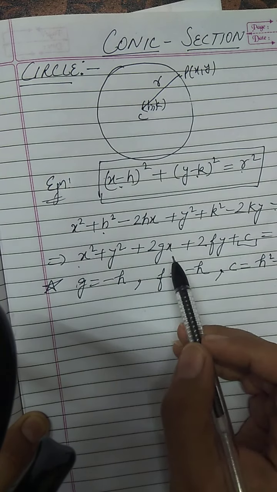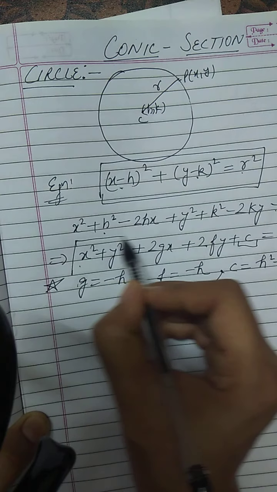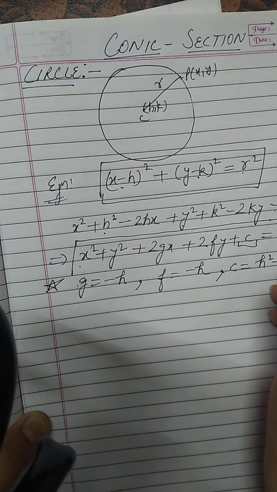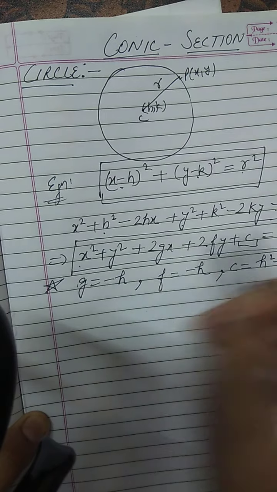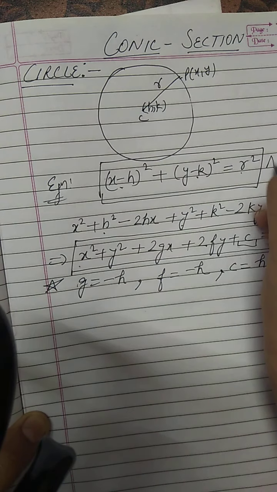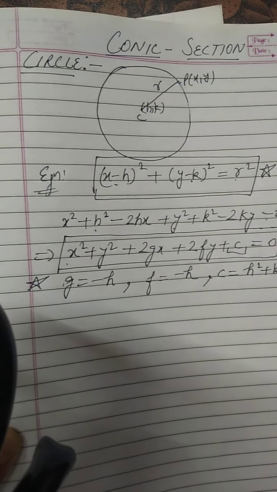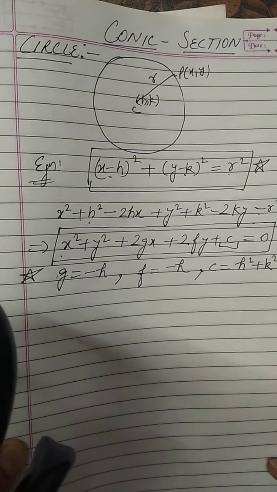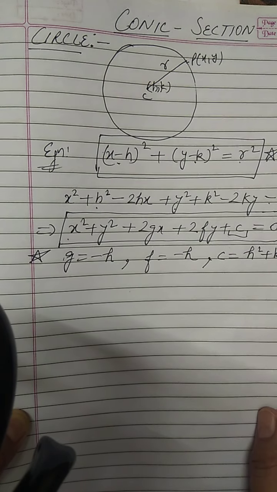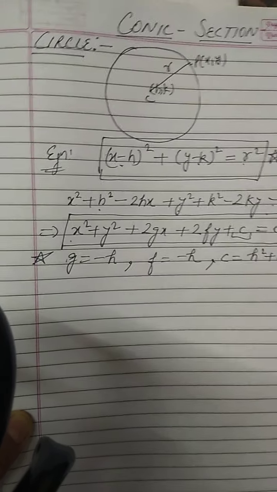So we can write the equation of a circle in this form also. That is also correct. It is your choice. In a few books, as I told, we have this form of the equation of a circle.